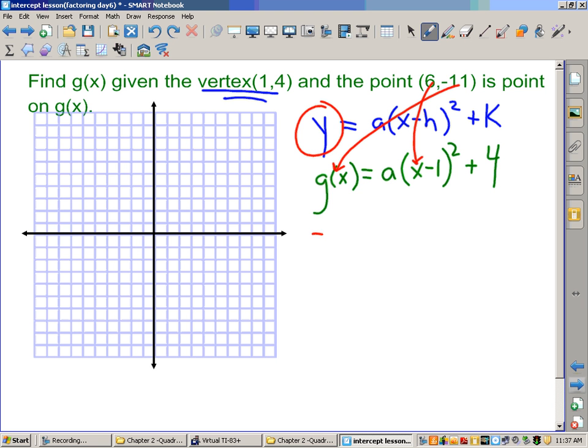So we had -11 equals a times 6 minus 1, the quantity squared. What's that? Plus 4, yeah.